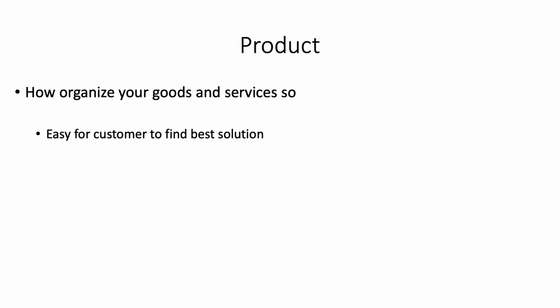Okay, so we said we were going to talk about product. How do you organize your goods and services so that it's easy for customers to find the best solutions? And be cautious and aware that even though you spend 40 hours a week or more thinking about your product, you're trying to do business with people who really don't care about your product.